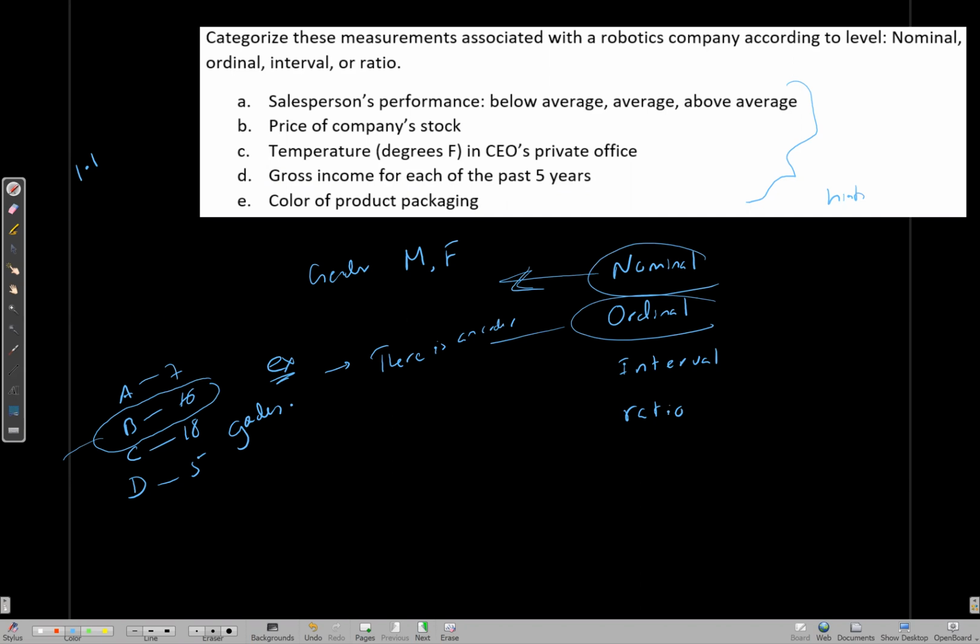And interval, actually, in the interval case, it's possible to compare how much better one measure is to another. But a critical thing to remember, interval does not have a true 0 point.